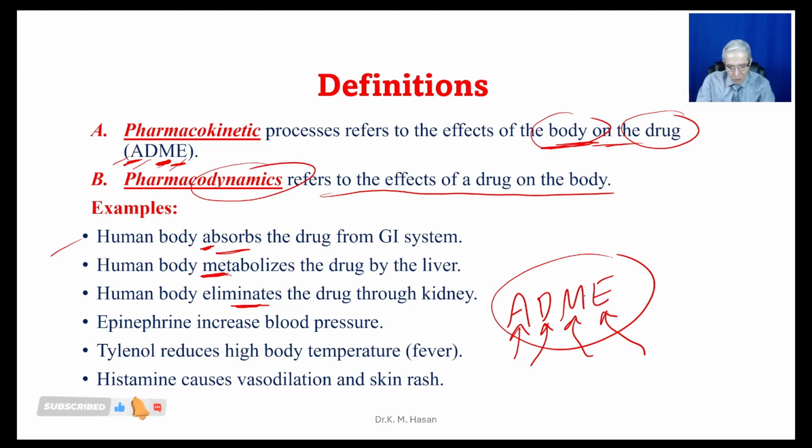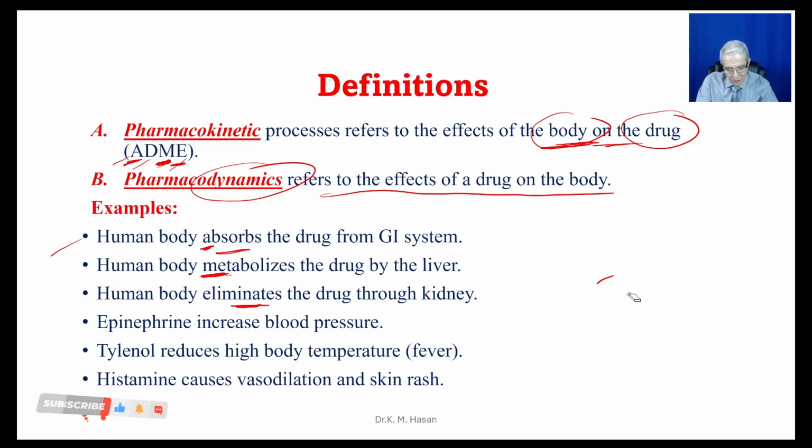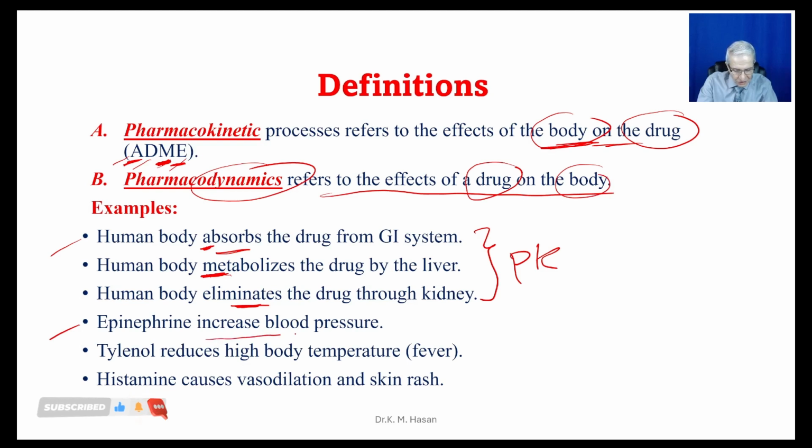Okay, now if I clean this whiteboard here, the first three belong to the pharmacokinetic. What about epinephrine increased blood pressure? Should be pharmacodynamic. Study the effect of the drug on the body. So the drug increases blood pressure.